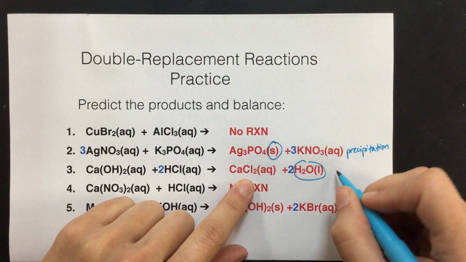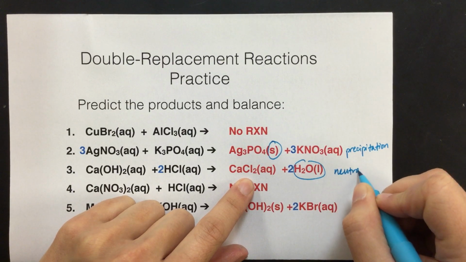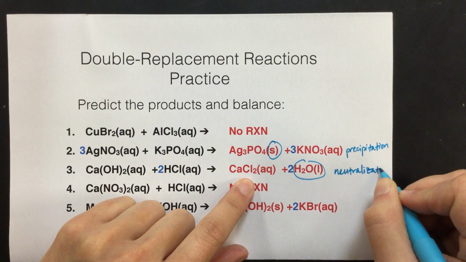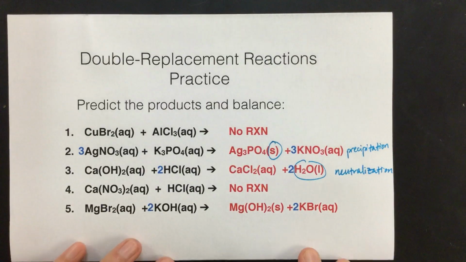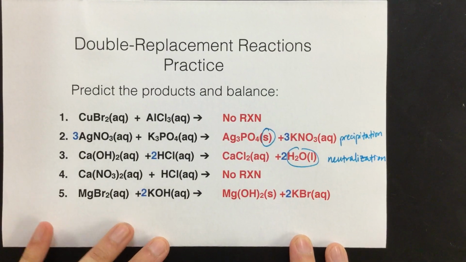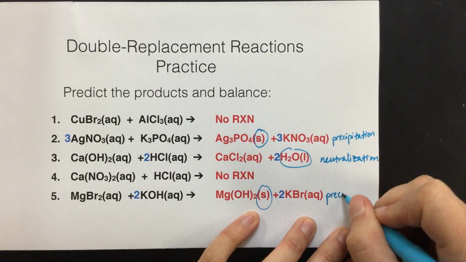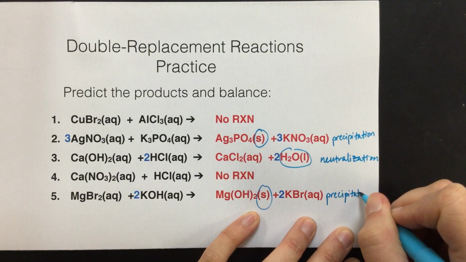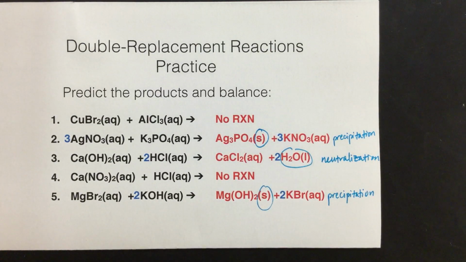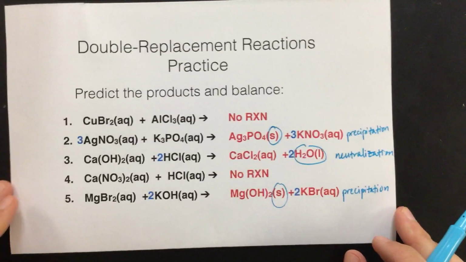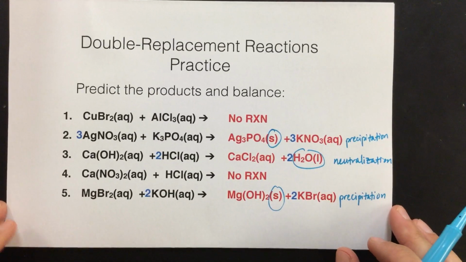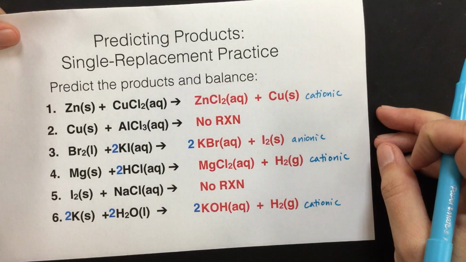Here we formed water, so this is neutralization. No reaction, and then another solid, precipitation. Okay. So that's quickly how you can tell the difference between neutralization and precipitation, and cationic versus anionic.